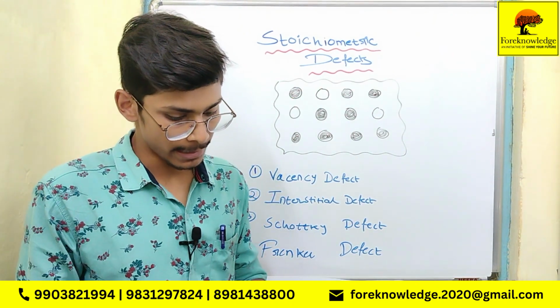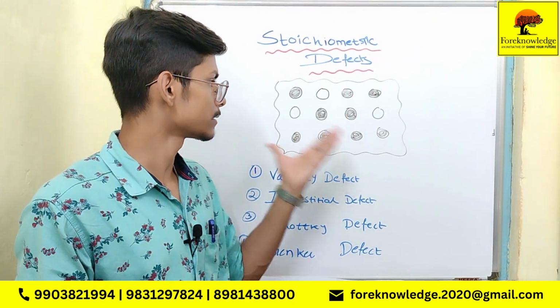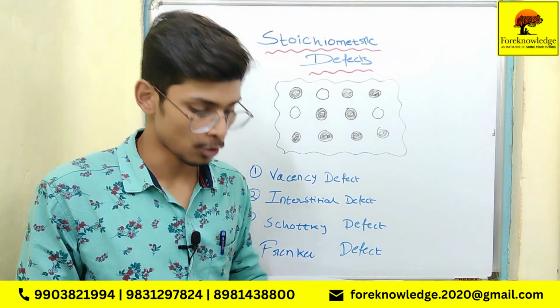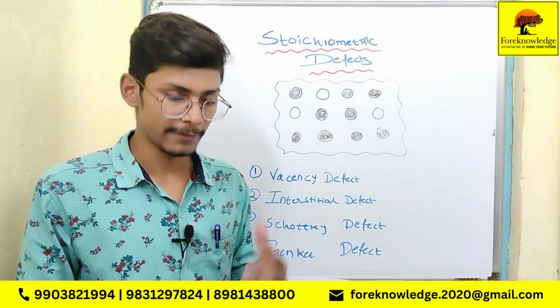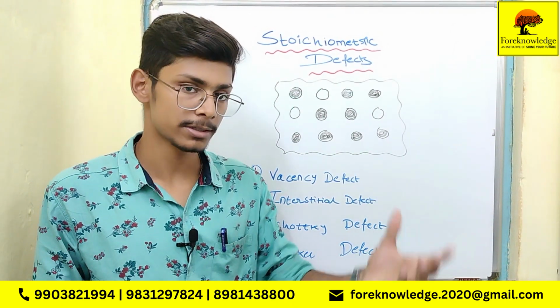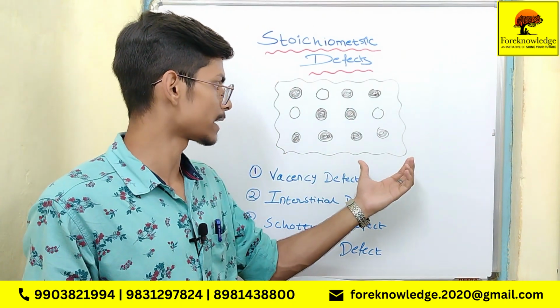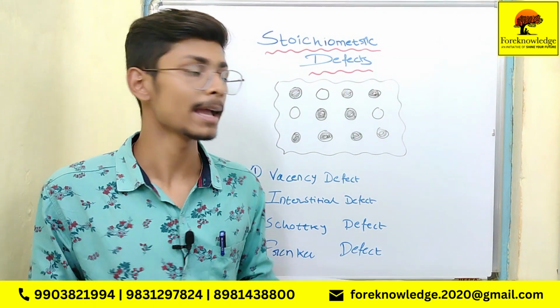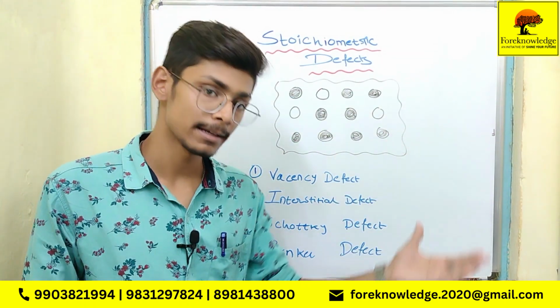Okay, the density of the substance decreases as some of the lattice sites are unoccupied, and the defect develops on heating. Okay, when you heat a certain crystal, then this type of vacancy defect occurs. That means some of the lattice sites get unoccupied and its density gets decreased.